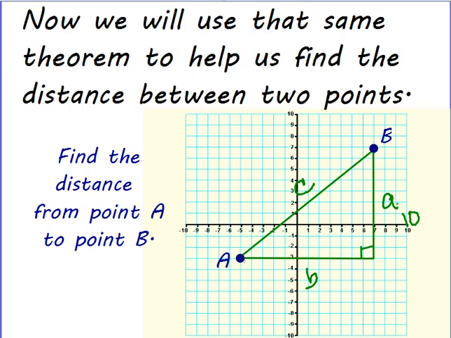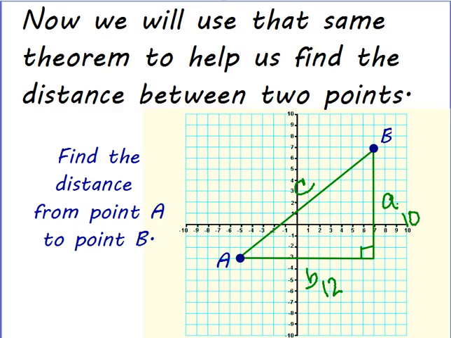Leg B, we're starting here at -5 and going to 7. That gives me 5 on this side, 7 on this side. Leg B has a length of 12. I can also count it out. Starting at point A, I go over 1, 2, 3, 4, 5, 6, 7, 8, 9, 10, 11, 12.